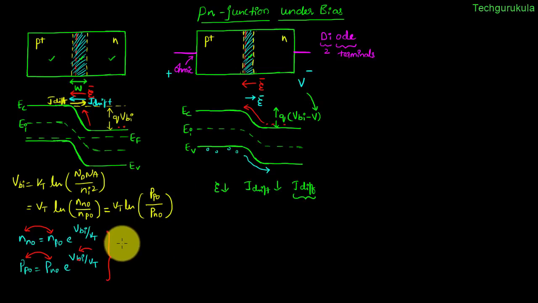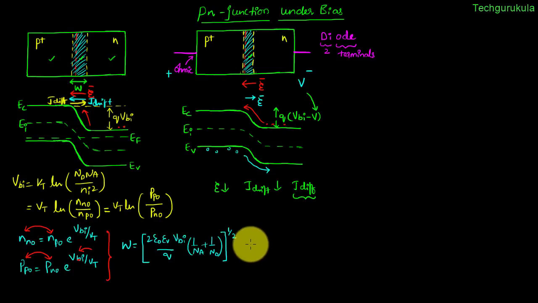We know in thermal equilibrium the depletion width was given by (2 epsilon naught epsilon r VBI over Q times (1 over Na plus 1 over Nd)) whole power half. When we apply potential across the PN junction, the potential across the junction is not VBI anymore.